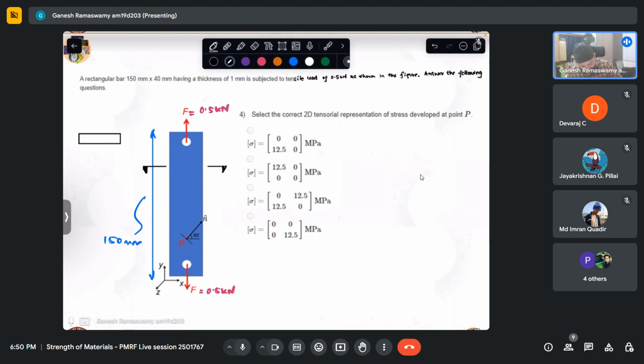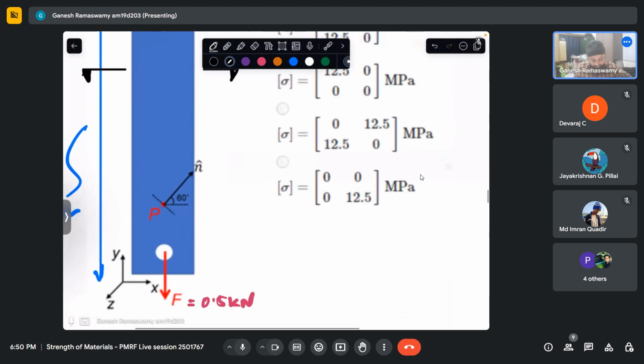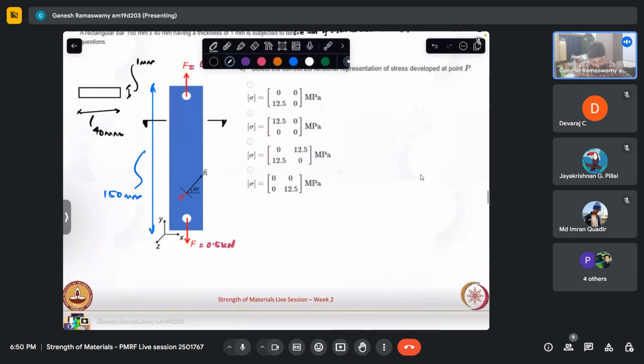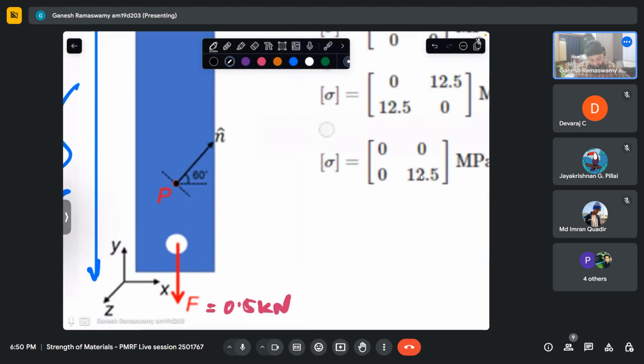This rectangle has a width of 40 mm, and has a thickness of 1 mm as given in the question. I hope that is clear. So this is just a rectangular piece being pulled, and at this point P we have to answer something. At this point P, they have cut a plane like that.